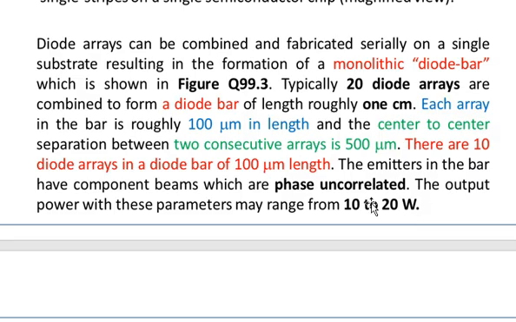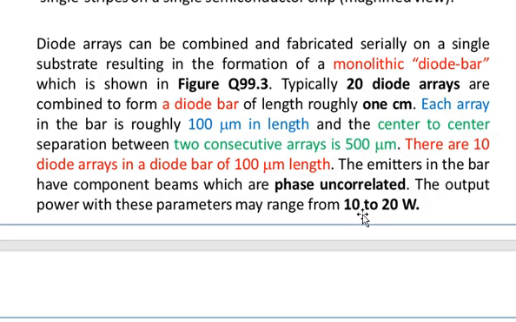You see that in the diode array we discussed that the maximum power that we can take from the diode array described in figure number 2 is 2 watt, because that consisted of 20 single strip semiconductor diodes on a chip. And now, if we have 10 to 20 diode arrays combined together to form a diode bar, then of course the diode bar can have the power from 10 to 20 watt depending upon the number.